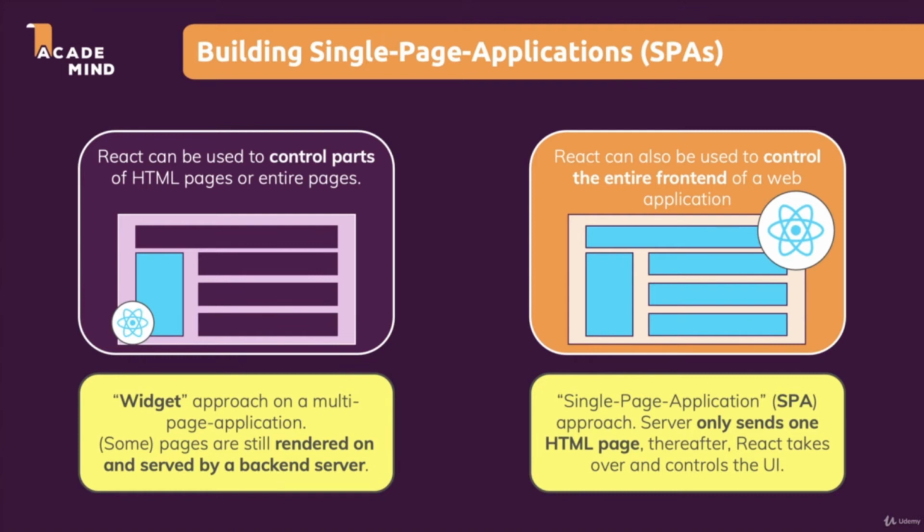And that often leads to a smoother UI and a better user experience, as you see it in the example of Netflix. It's built with React, and there we never request a second HTML page. Hence, it's a single-page application where, after the initial request to the site, React takes over and controls what we see on the screen.